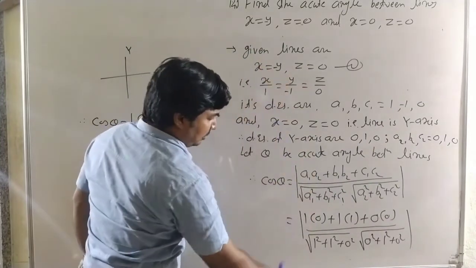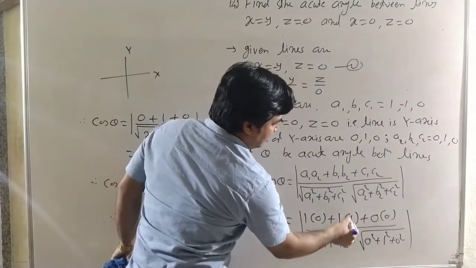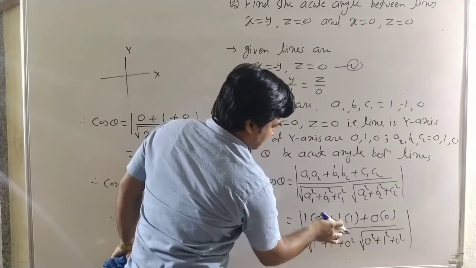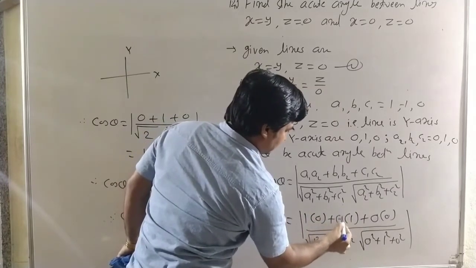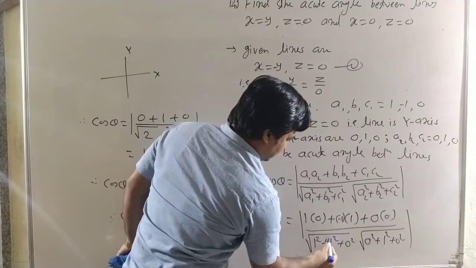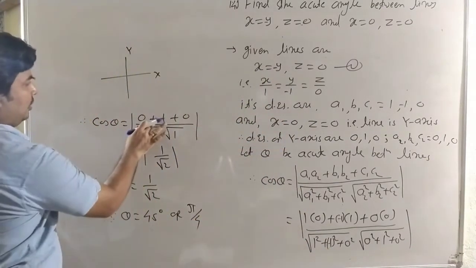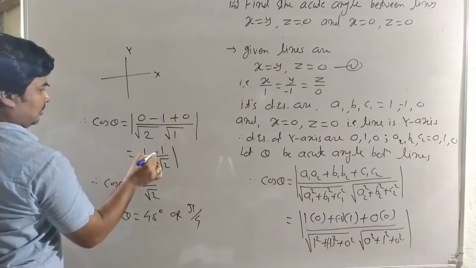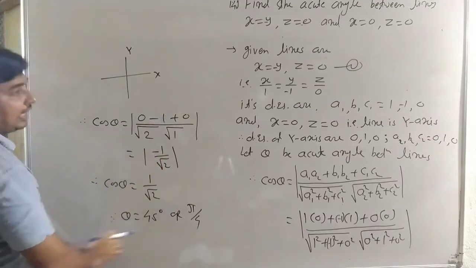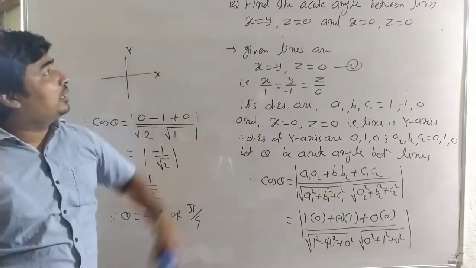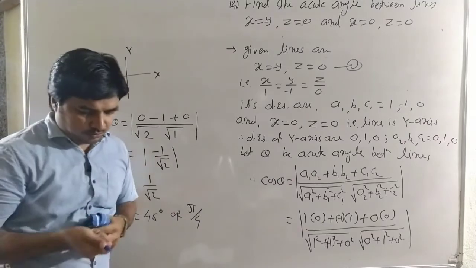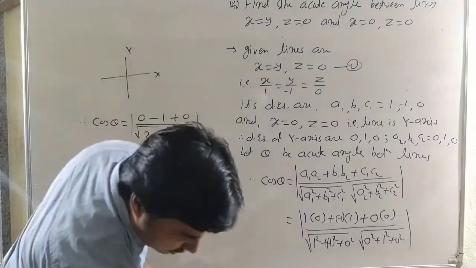Same calculation, only here it is minus 1. Therefore it is minus, and it is mod of this, and the angle is same. Question number 13 and 14 are the same. Okay, now we see the next question, question number 15.